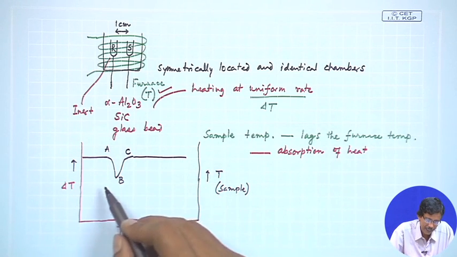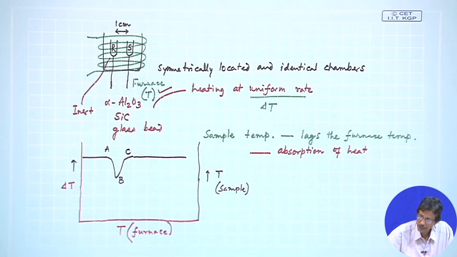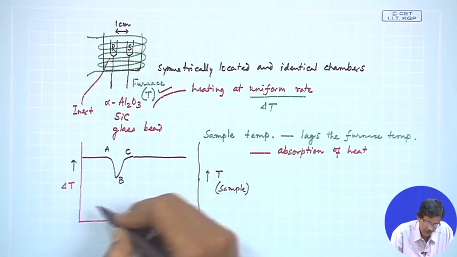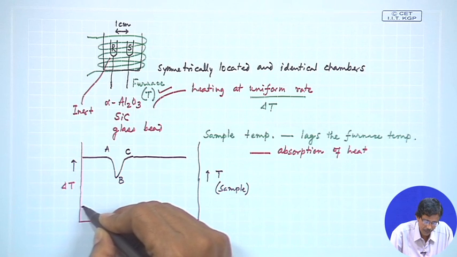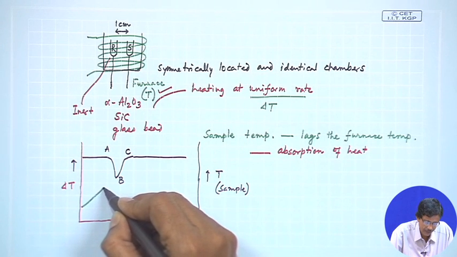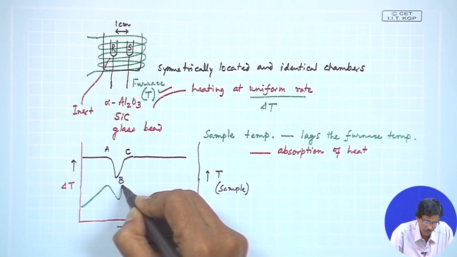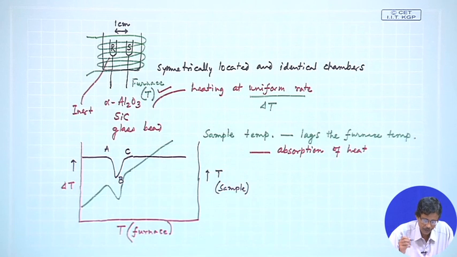In terms of the corresponding sample temperature, the plot will be a different one, because as the furnace temperature is increasing, the sample temperature will also increase like this, and it will go and cut like this.